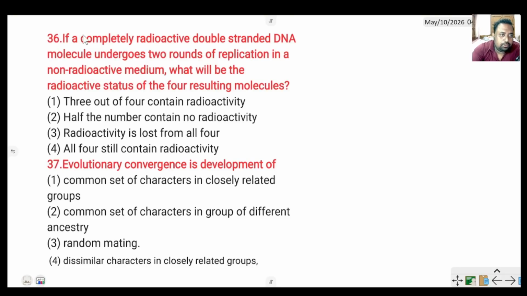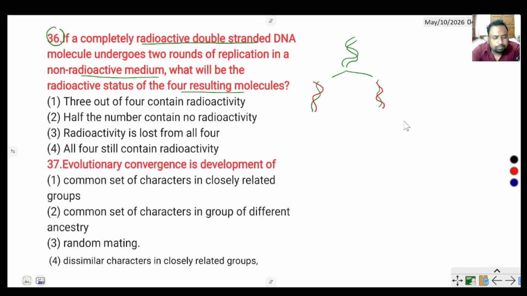Next question is question number 36. If a completely radioactive double-stranded DNA molecule undergoes 2 rounds of replication in a non-radioactive medium, what will be the radioactive status of the 4 resulting molecules? So suppose this is radioactive DNA. In the first generation, it breaks into two parts, and another part comes from the new culture medium.